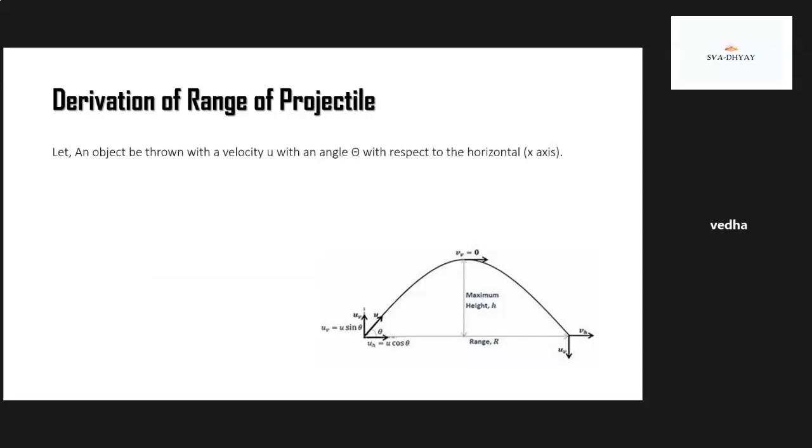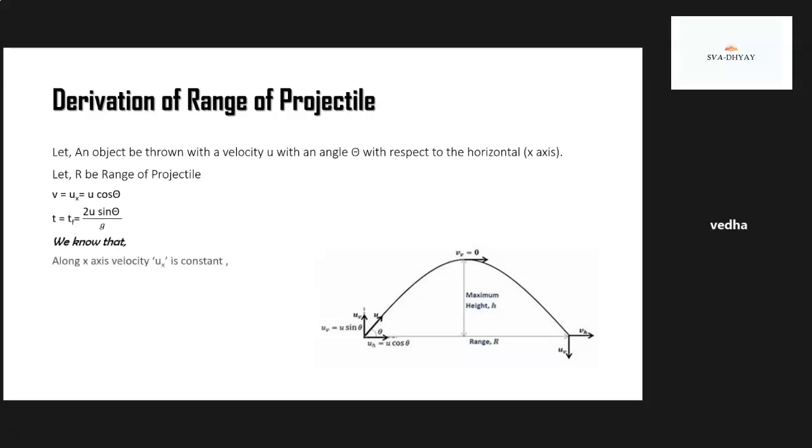Now let's derive range of projectile. Let an object be thrown with a velocity u with an angle theta with respect to horizontal x-axis. Let R be range of projectile. v is equal to ux is equal to u cos theta. Time of flight is equal to 2u sin theta by g.